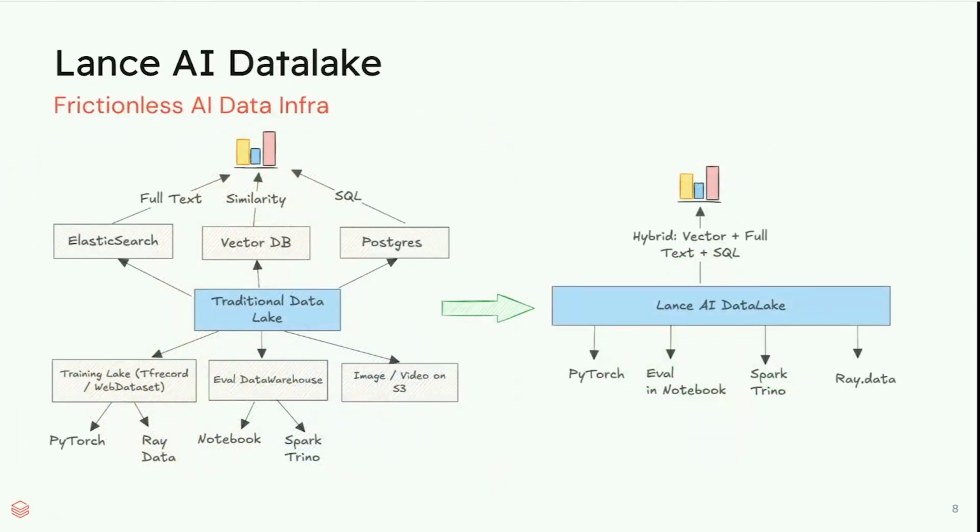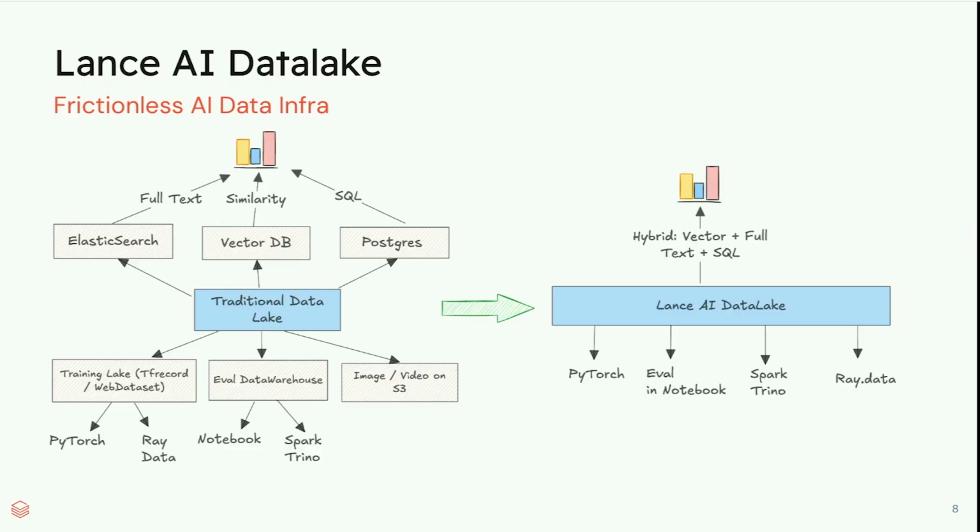And I just talked about so many different functionalities that Lance already serves, but how do the different pieces merge together? This is the graph where we merge all the capabilities together. In the traditional data lake on the left side, you may have different kinds of databases for different functions.